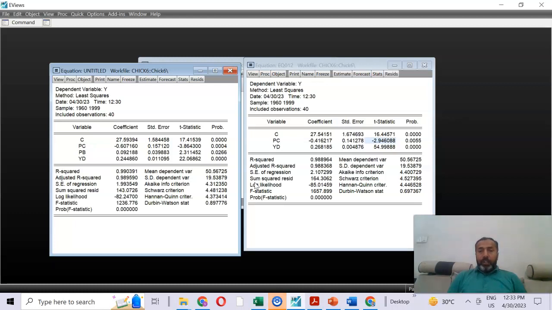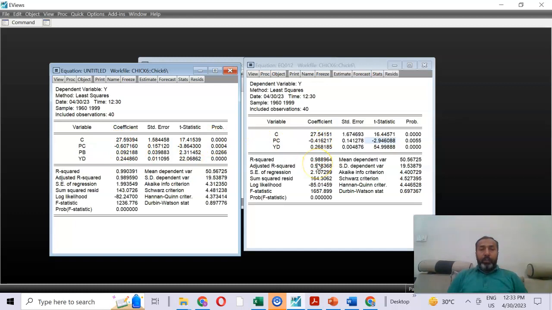So it will result in positive biasness, which we can also verify that when price of beef was included in the equation, the coefficient of price of chicken was 0.60. When the price of beef was dropped in this equation, the price of chicken is minus 0.41, because both of these values are in minus.